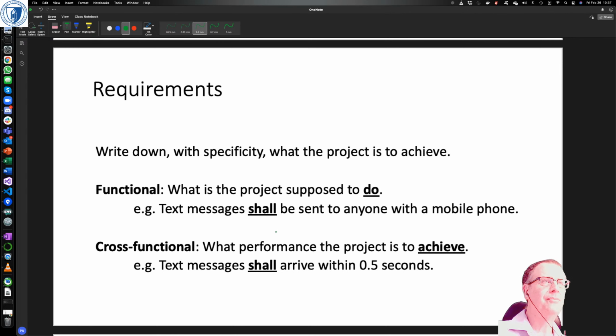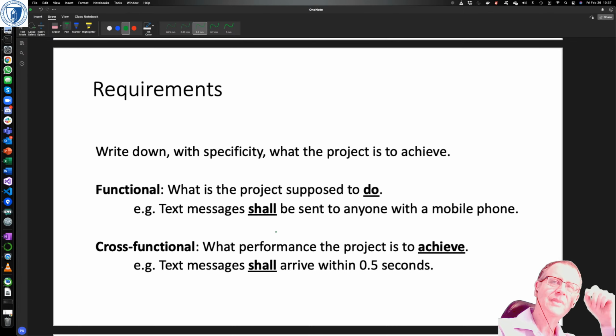But in order to move things forward from a product development viewpoint, from a project development viewpoint, you've got to write what you want to do down in very specific language. You don't want any vagueness or ambiguity. Because as soon as you've got vagueness and ambiguity, that makes it hard to actually do from an engineering viewpoint.